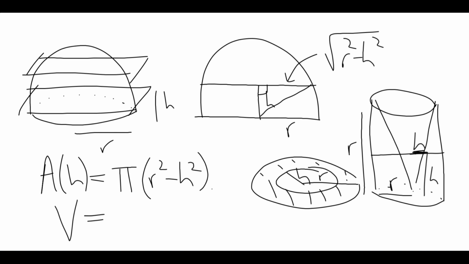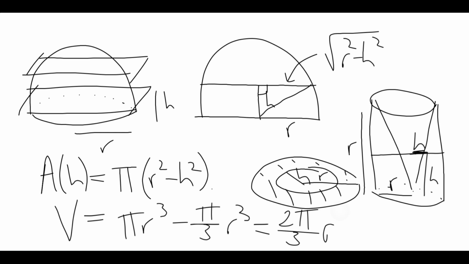Okay, and that common volume is, well, if you look at the cylinder, it's base times height, which is pi r squared times the height, which is r. And then you subtract off 1/3 of that to get rid of the cone. So you end up with 2 pi over 3 r cubed.